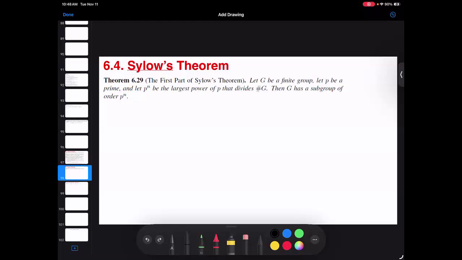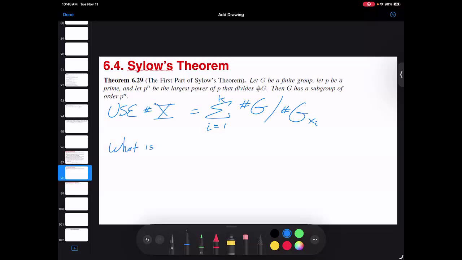This is the Chekhov's gun method of mathematics. The orbit-stabilizer theorem. So we're going to somehow use that the size of X is equal to the sum, i from 1 to k, of the size of G divided by the size of the stabilizer of x_i. And what we have to do is, what is X, and how does G act on X?